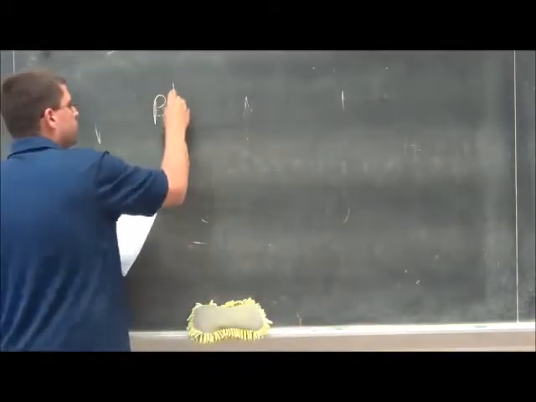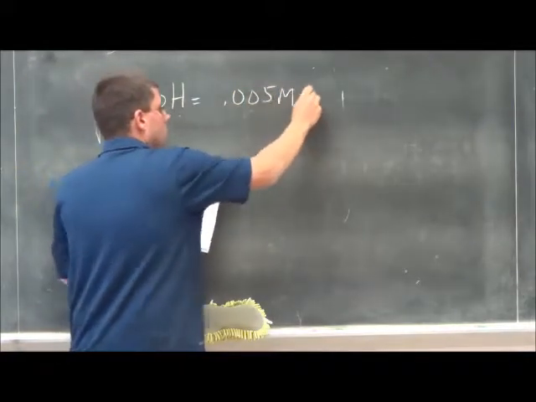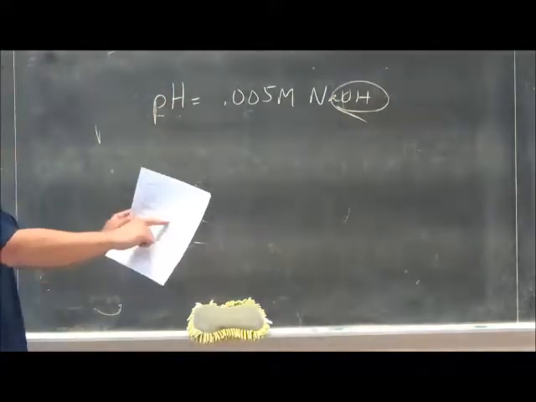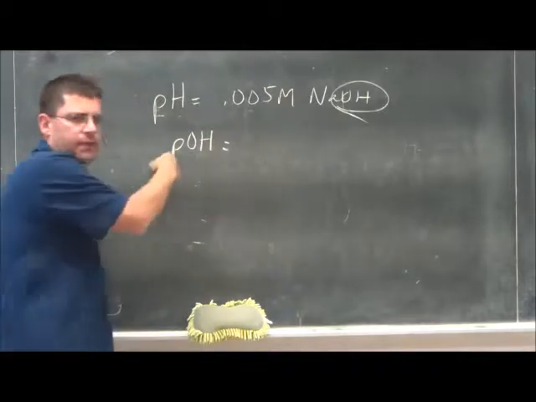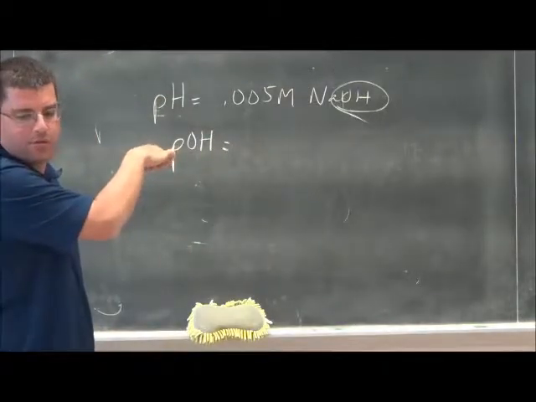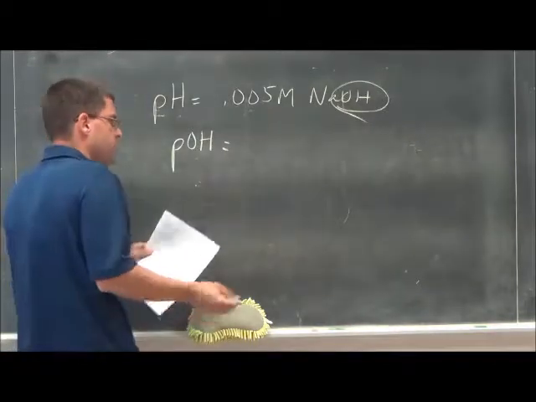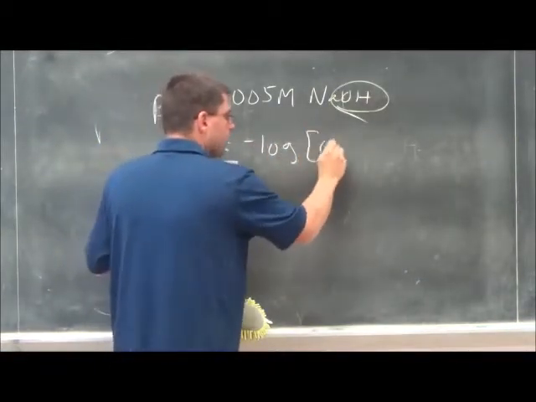Let's find the pH of sodium hydroxide. We're worried about the hydroxide ion concentration. Look up top here. We're going to do this pOH. In high school they'll show you a slightly different way with higher level math, which I think makes it easier, but we'll do it the long way at this stage. So pOH equals negative log of the concentration of hydroxide ions.